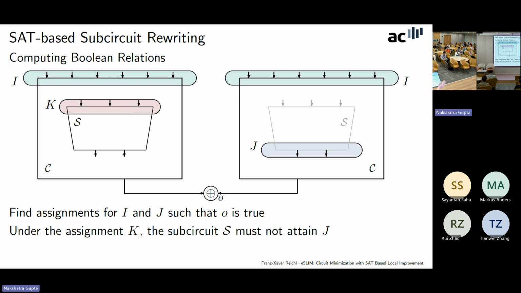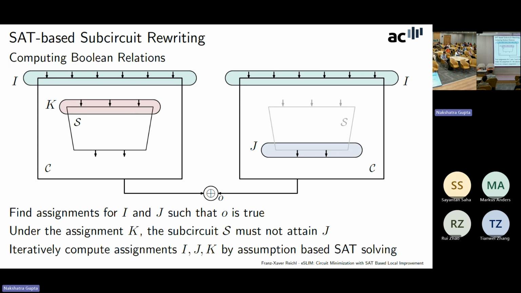Okay, now we want to compute all these pairs. For this purpose, we make use of incremental SAT solving. So we make use of a similar idea as presented before, this miter construction. We have clausal representations of the two circuits, and then we ask if one of the outputs differs. This allows us to find assignments K and J. If we find such an assignment, we just add new clauses which rule out this pair of assignments for subsequent iterations.